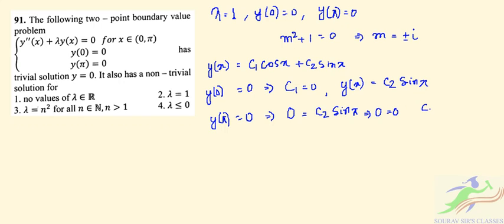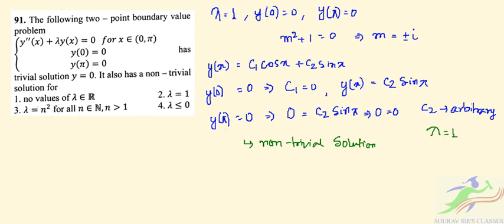So c2 is arbitrary; you cannot find the value of c2. So for lambda equal to 1, the differential equation has a non-trivial solution. So option 1 is incorrect.